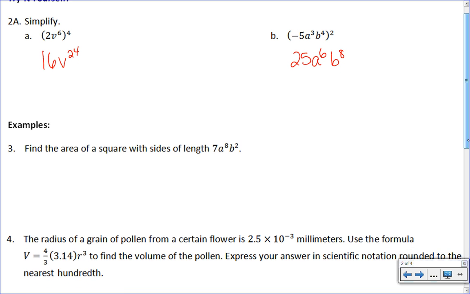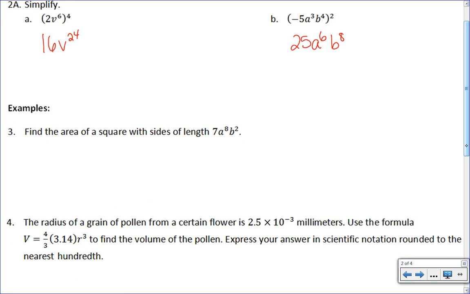Okay, let's look at a couple examples that involve some geometry. Example 3 says, find the area of a square with sides of length 7, a to the 8th, b squared. Well, if you check your formula chart, or look in the back of the book where the formulas are, you'll find that the area of a square is A equals s squared.